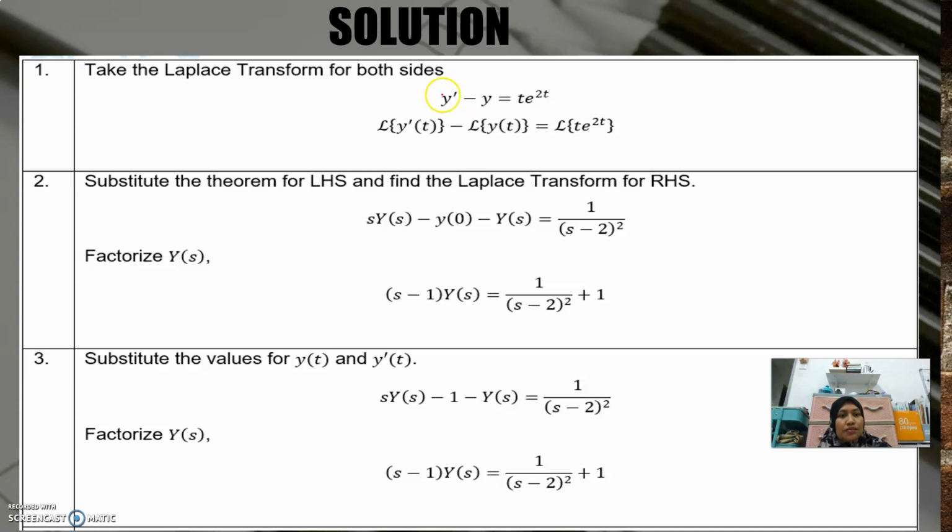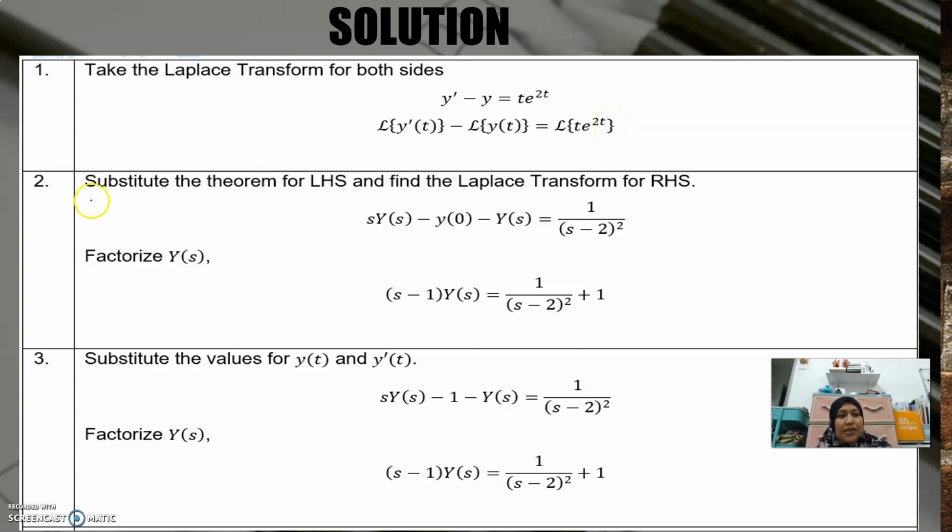So now put the Laplace transform for the left hand side. Here is your left hand side and here is right hand side. So put the Laplace transform for both sides, for y prime t, for y(t), and also for t e to the power of 2t.